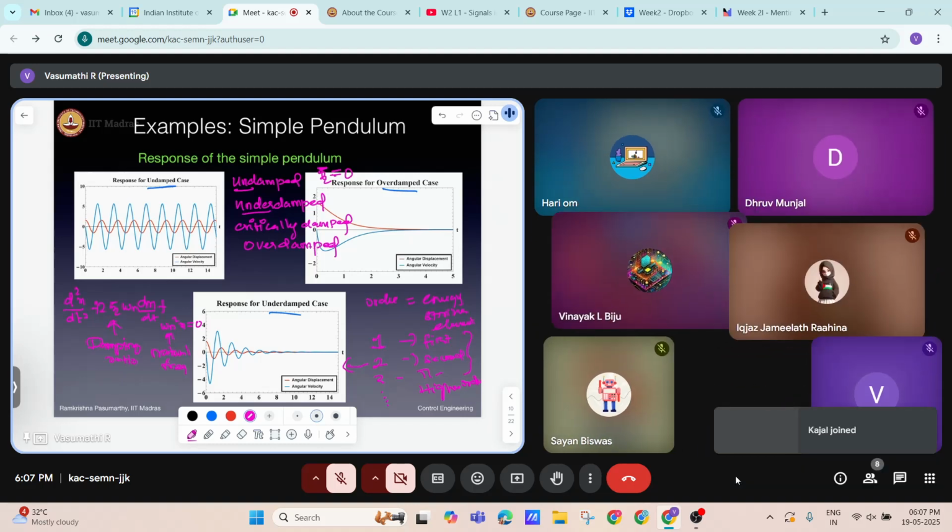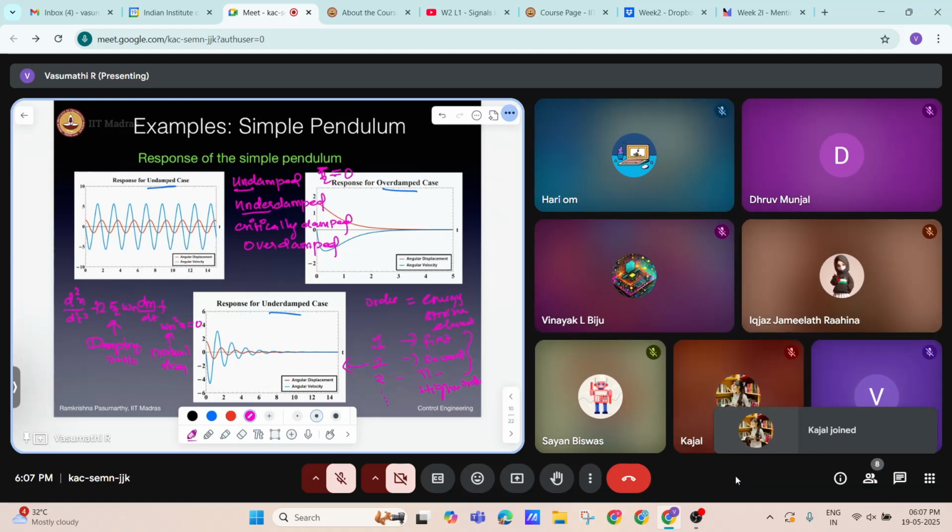Underdamped in the sense, in this case, the zeta value will be greater than 0 but lesser than 1. When it is critically damped, the zeta value will be exactly equal to 1. It is the ideal case. When it is overdamped, the zeta will be greater than 1. It is unwanted.